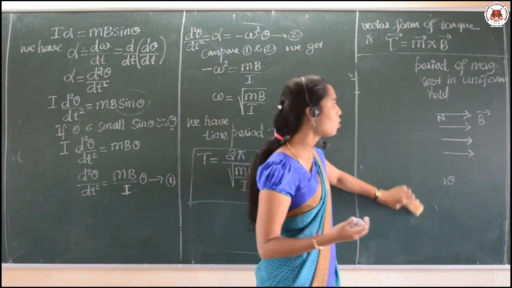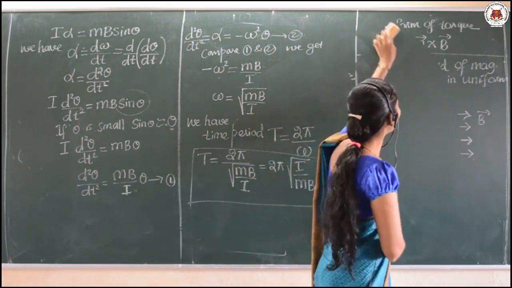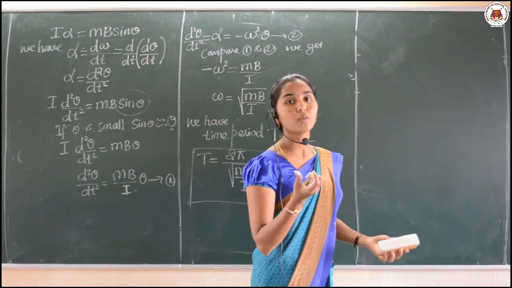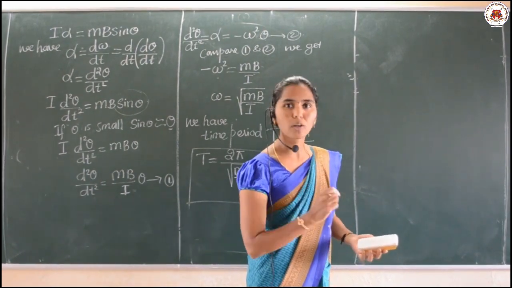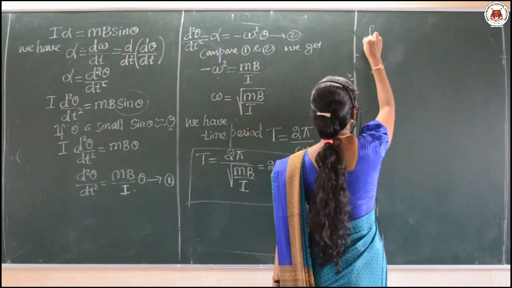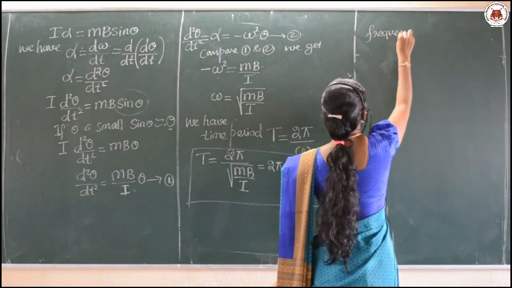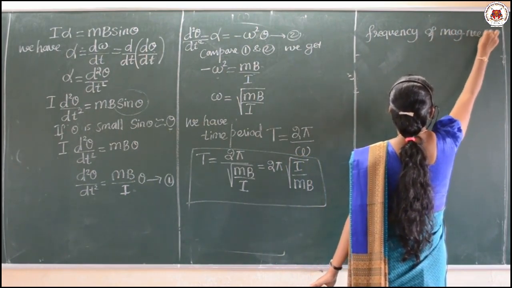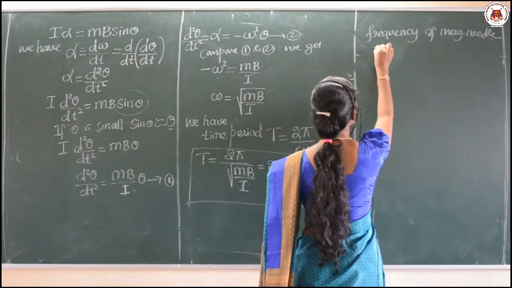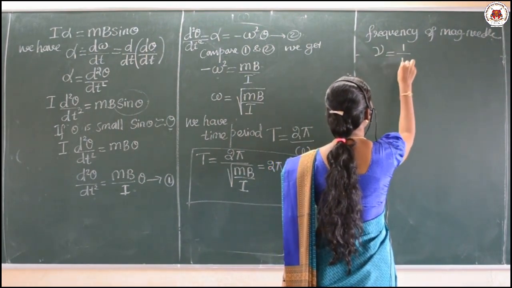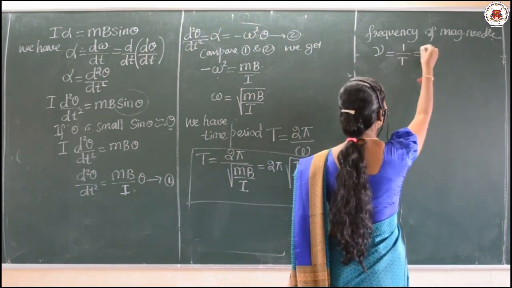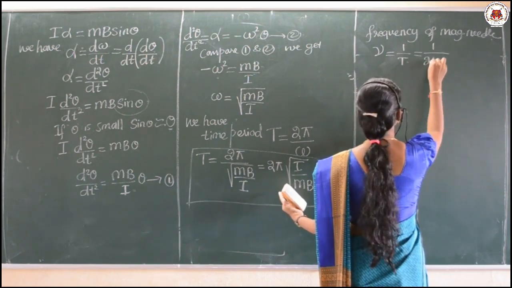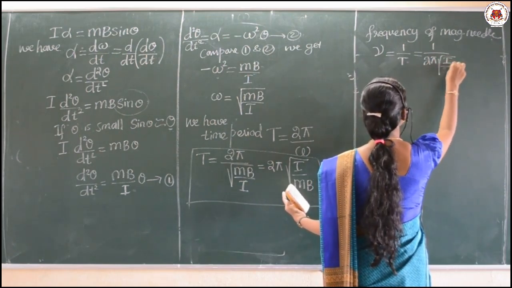And with this, one more last expression is the frequency. If we know the formula of the time period, we can also get the frequency, because we know that the frequency is the reciprocal of the time period. So the frequency of magnetic needle is given as nu is equal to 1 upon T. Then T we already have the formula, that is 1 upon 2 pi root of I upon MB.